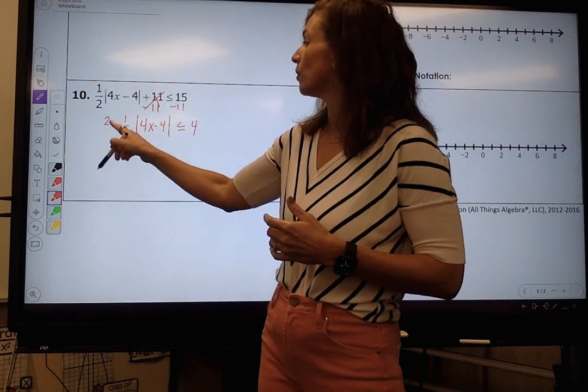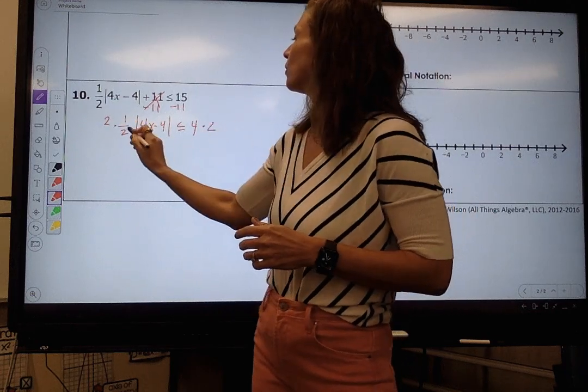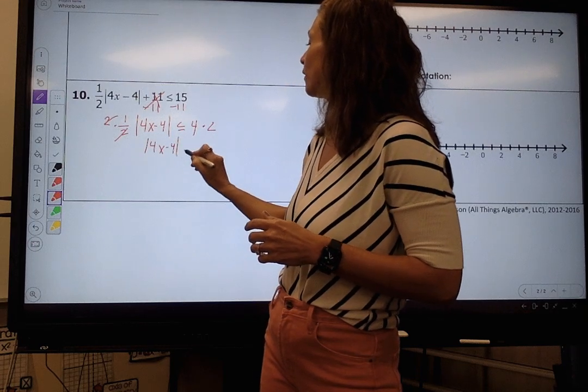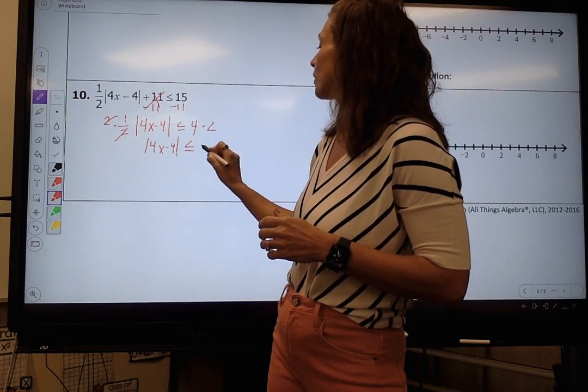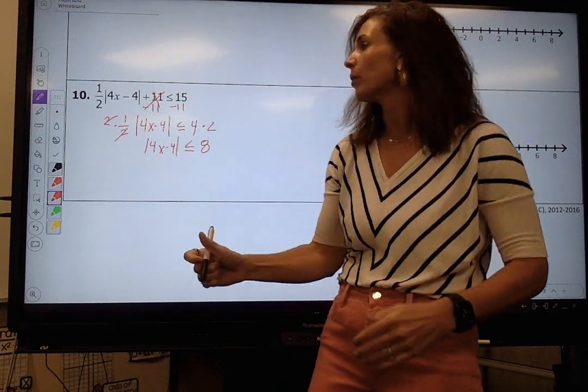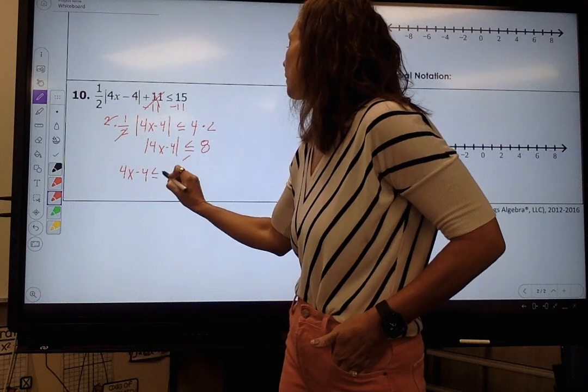So multiply by 2. Notice I'm doing it up here because it's a numerator. And then I'm multiplying by 2. So these guys cancel out. I have the absolute value of 4x minus 4 is less than or equal to 8. Now that it's isolated, now I can branch it. So I'm going to keep this whole inequality.